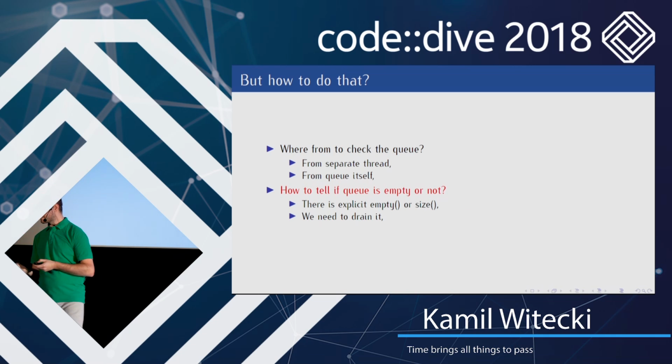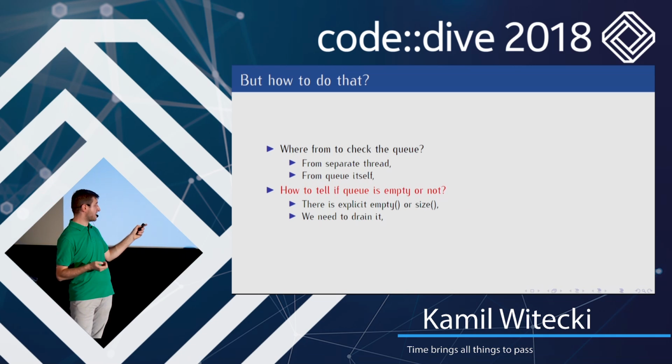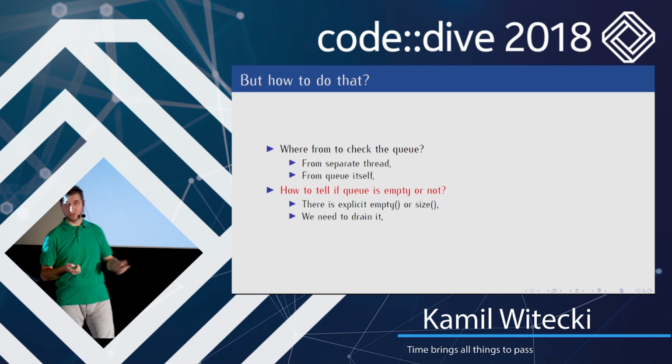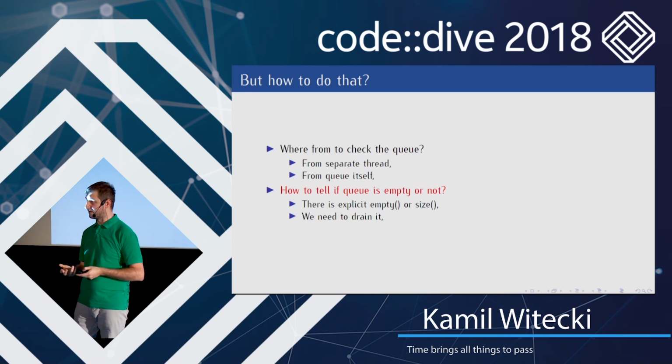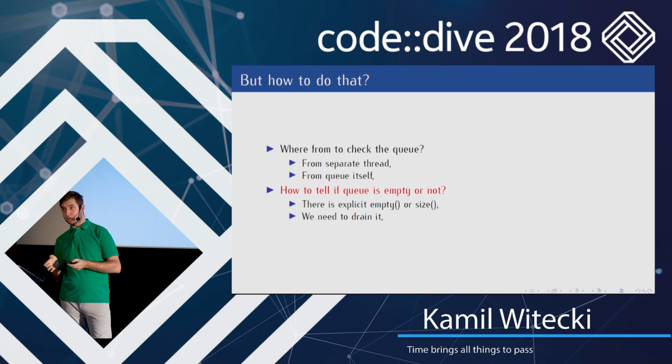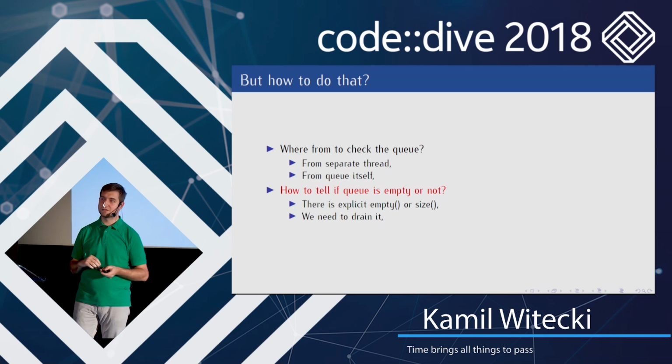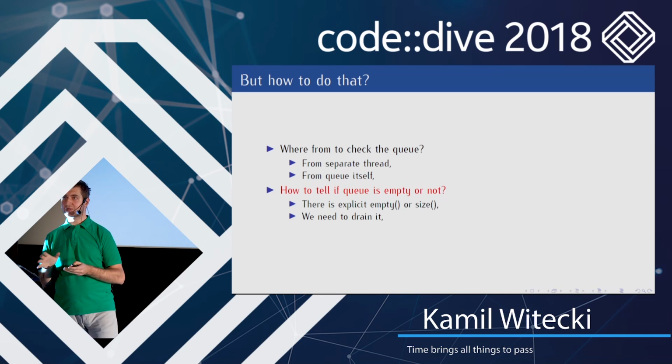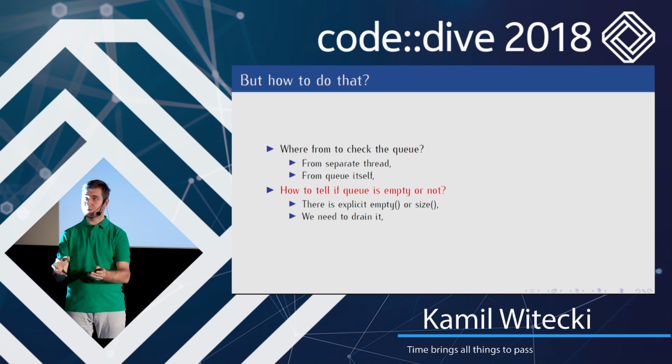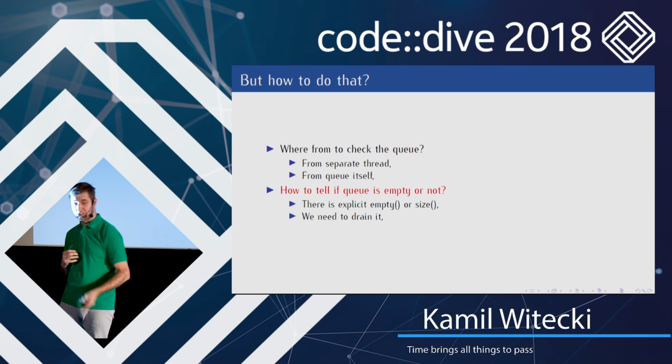If you do not have this kind of chance, you need to ensure somehow that the queue got drained. You need to drain it yourself. And now we'll just see different options how to implement this kind of model, this kind of framework in different situations.